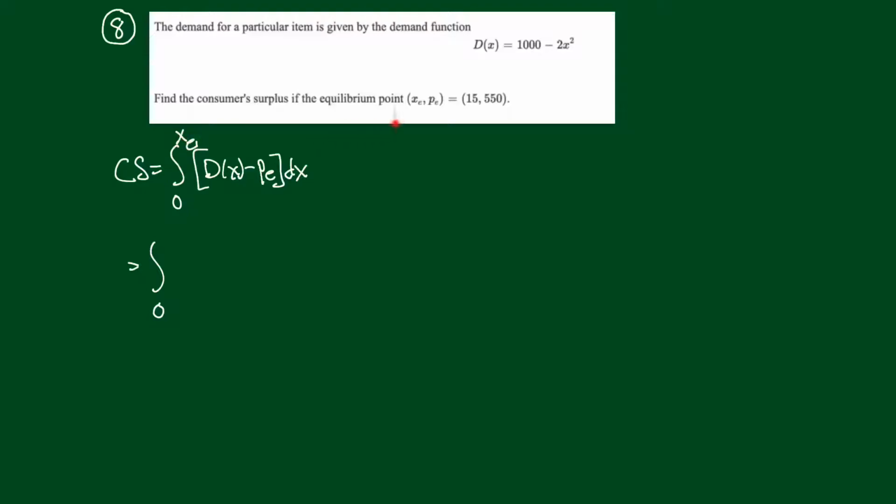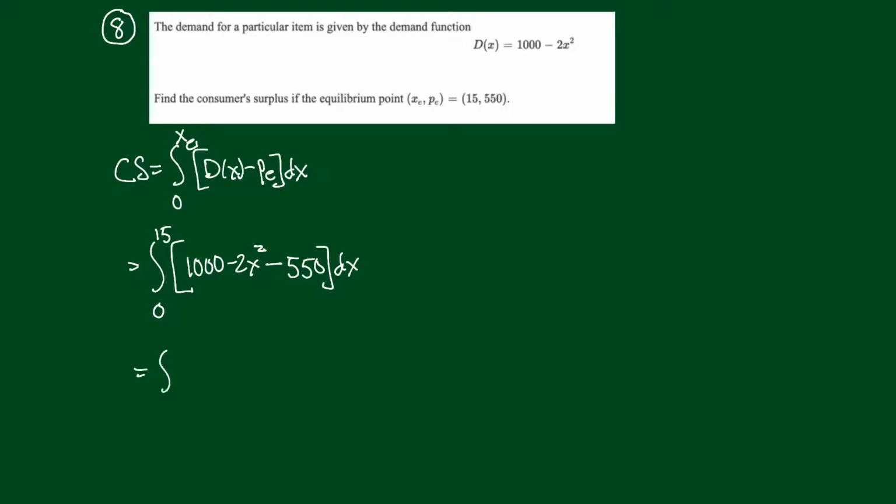X sub e for us is 15, so we're going to go 0 to 15 of the demand function, which is 1,000 minus 2x squared minus p sub e, that's the price at the equilibrium point, which is, for us, 550, all with respect to x. There we go. Now we just have to integrate.